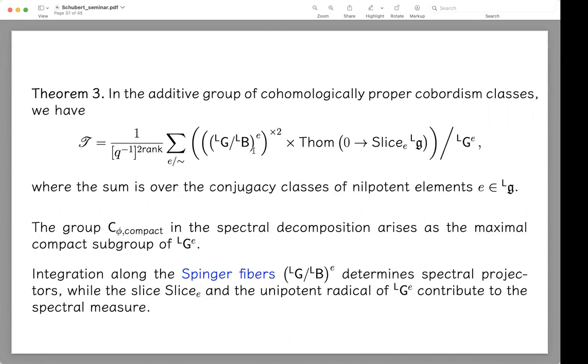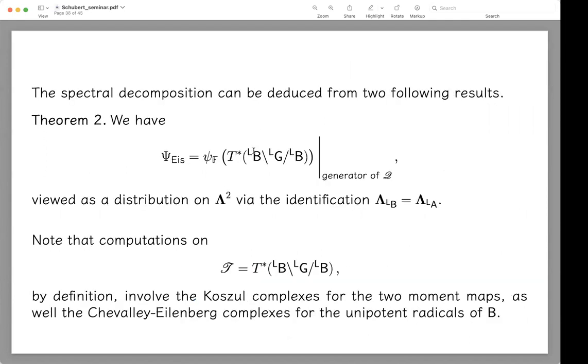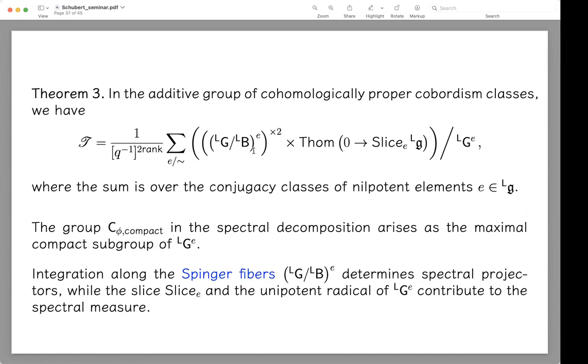So that's one result, and the second result is that this is basically T star of G mod B, right? For T star of G mod B, we have the Grothendieck-Springer map to the nilpotent elements, and accordingly we can decompose this space.